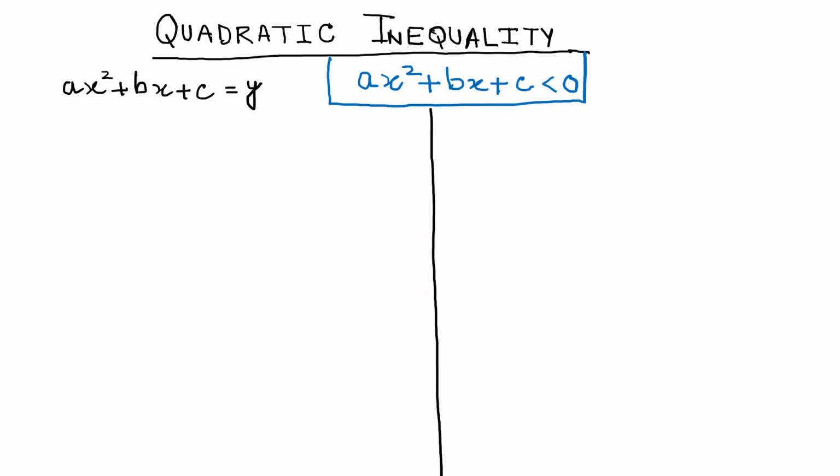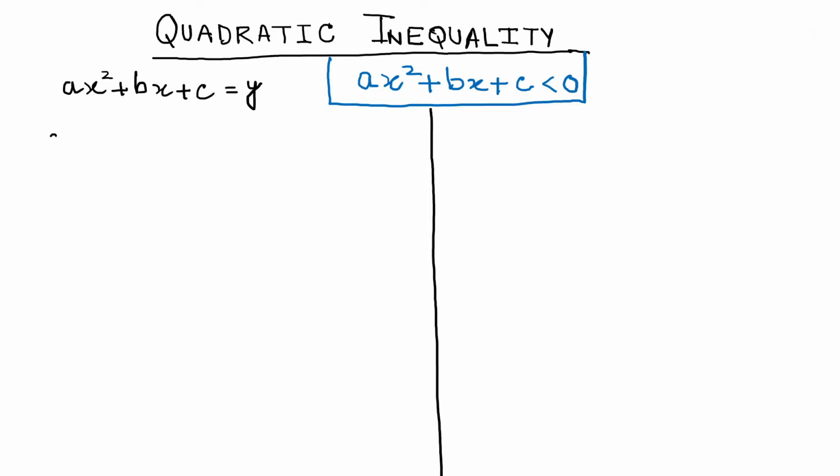Then, based on the values of the leading coefficient and the discriminant delta, which decides whether this quadratic will have real roots, we talk about the graphical interpretation of the same.